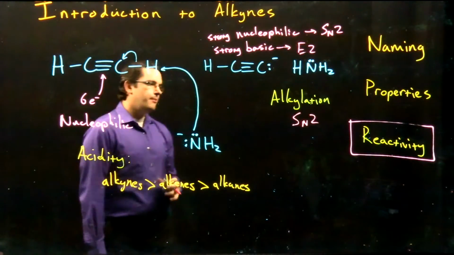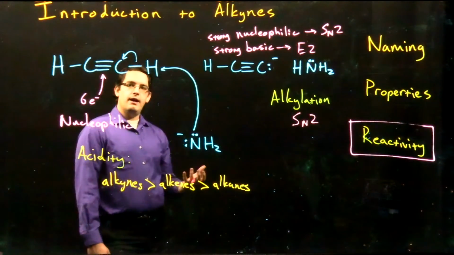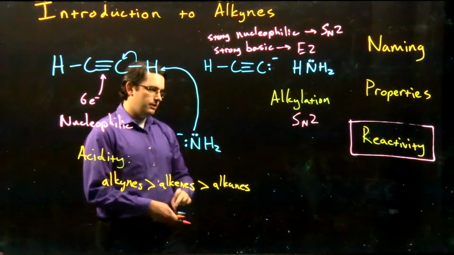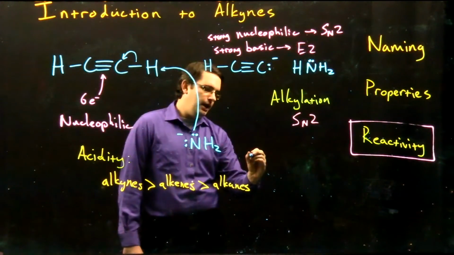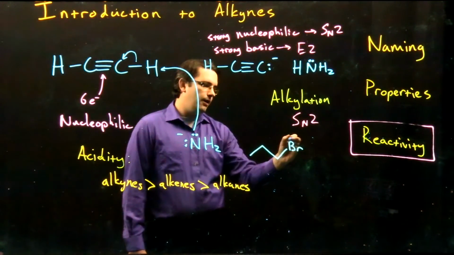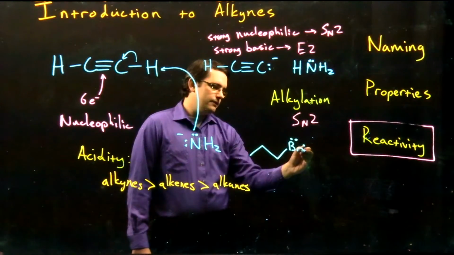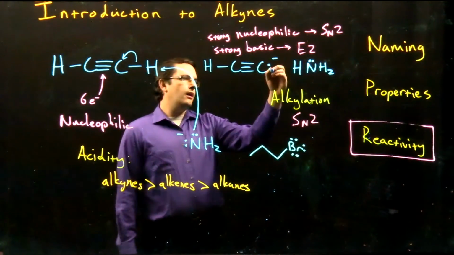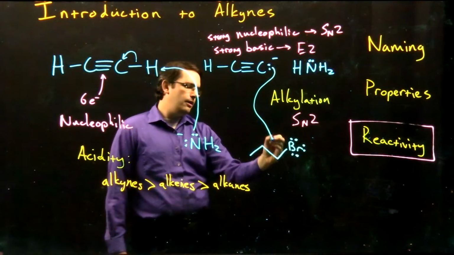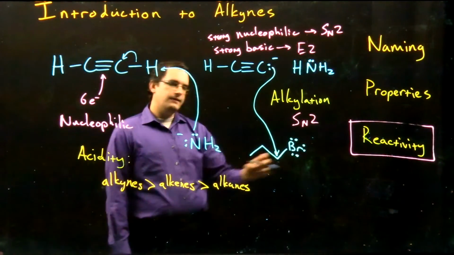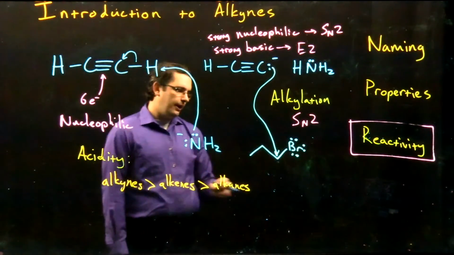So remember, SN2 mechanisms will dominate when we have strong nucleophiles and uncrowded conditions. So if we bring in an alkyl halide that is uncrowded, such as our bromopropane here, we can take our strong nucleophile and we can attack the carbon that's attached to our alkyl halide, right?